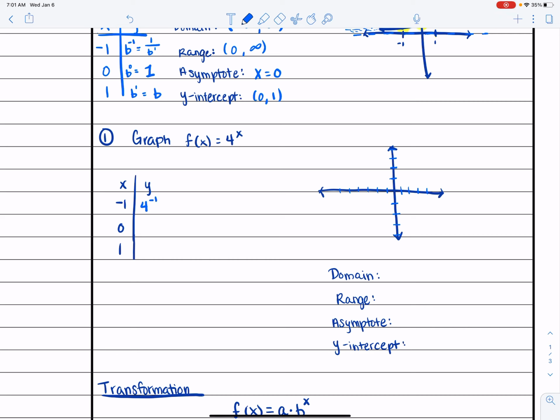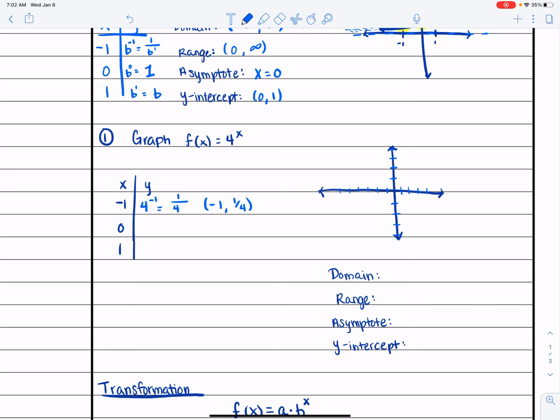Remember, if you raise something to a negative power, it doesn't make any sense, so you need to put it in the bottom of a fraction. So 4 to the first power is really 1/4. So I have an ordered pair, -1, 1/4.